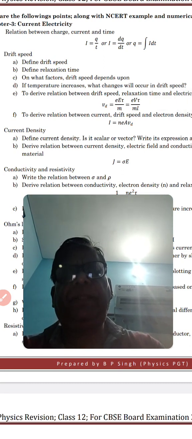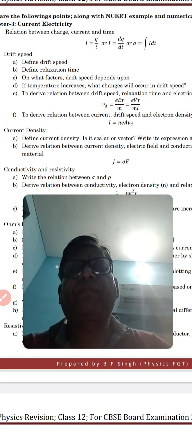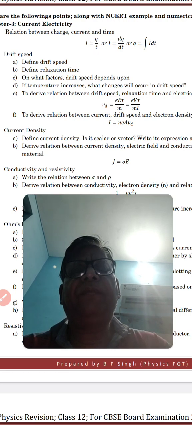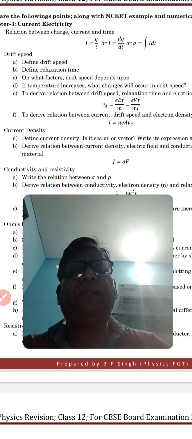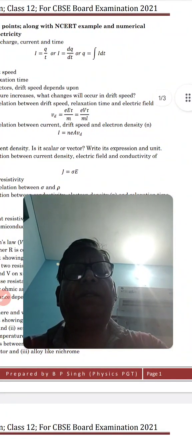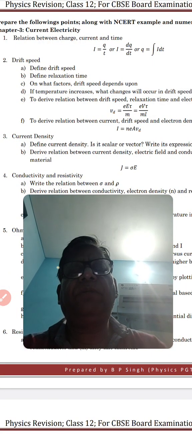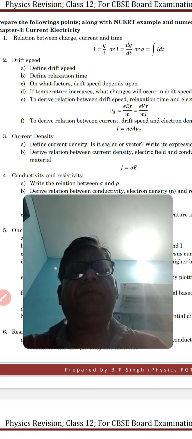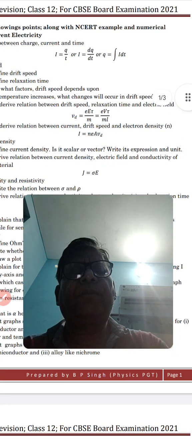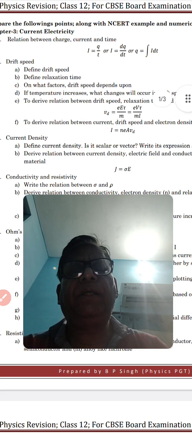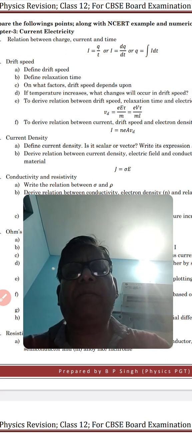Current density, define current density. Is it scalar or vector? Write its expression and unit. So J equal to I upon A, it is a vector quantity and unit is ampere per meter square.